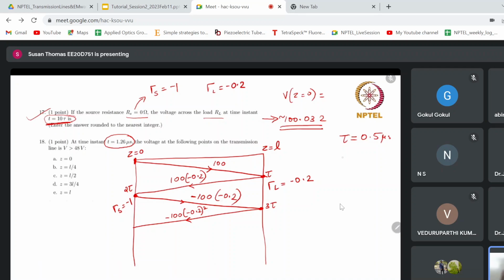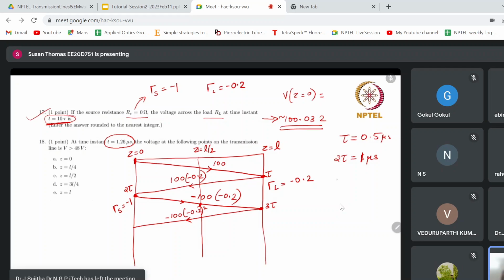So 2 tau is 1 microsecond, and at the middle of the transmission line, z is equal to L by 2, time tau by 2, that means 0.25.